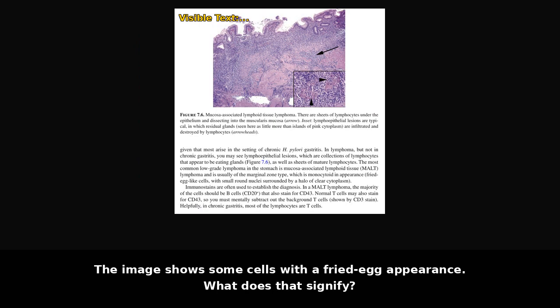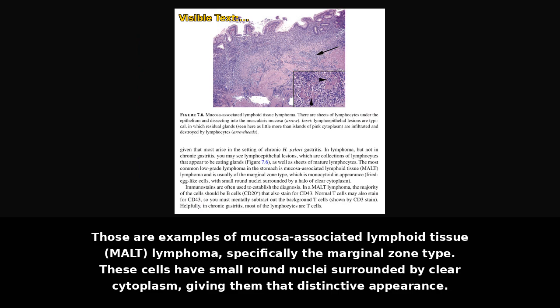The image shows some cells with a fried egg appearance. What does that signify? Those are examples of mucosa-associated lymphoid tissue, or MALT, lymphoma, specifically the marginal zone type. These cells have small round nuclei surrounded by clear cytoplasm, giving them that distinctive appearance.